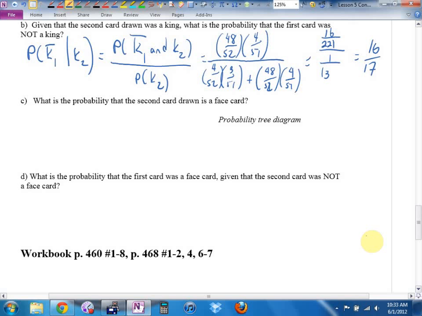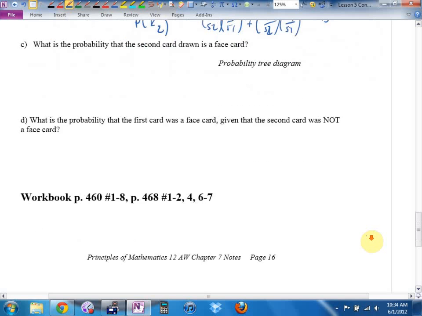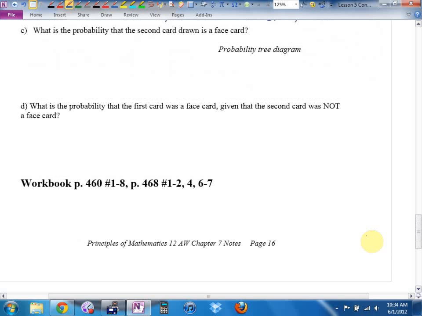C. Is C still talking about kings? No, face cards. You know what? I need a new tree. I'm going to draw mine down here in the corner because I need more room. What would be a good letter for face card? F? Oh, sure. So how about F1, not F1, because the second card drawn being a face card depends.